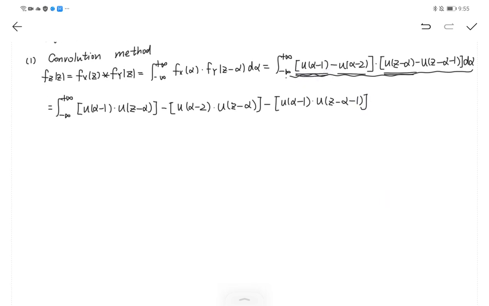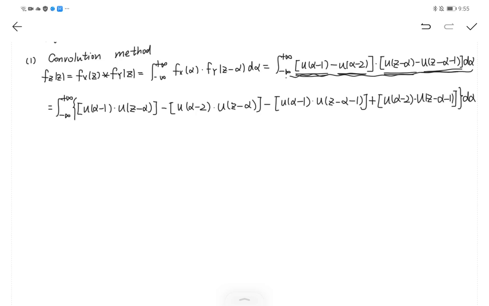And last, we multiply this by this, that's plus u(alpha minus 2) multiplied by u(z minus alpha minus 1), d alpha.